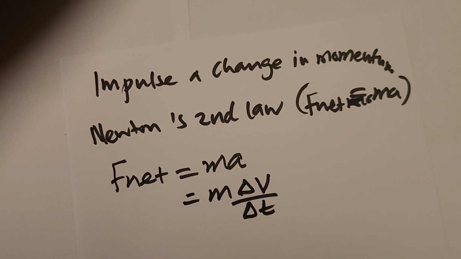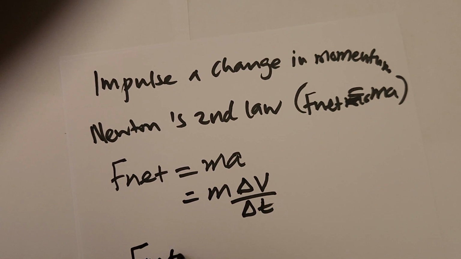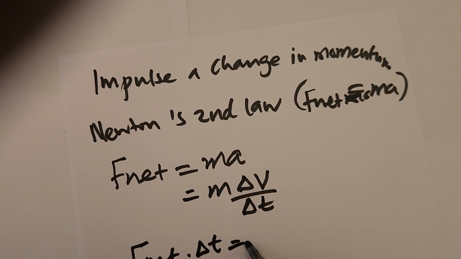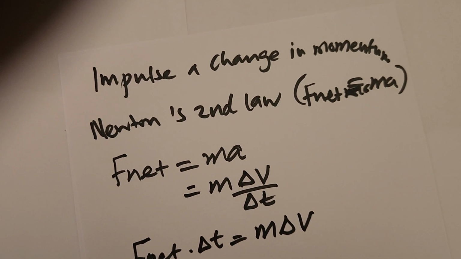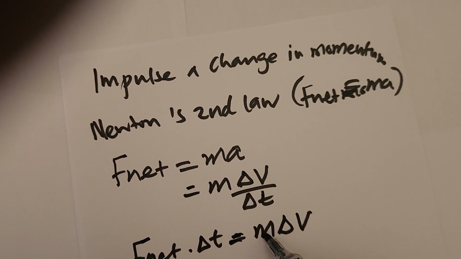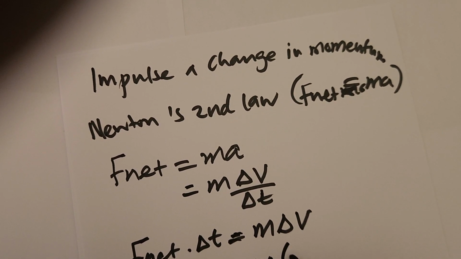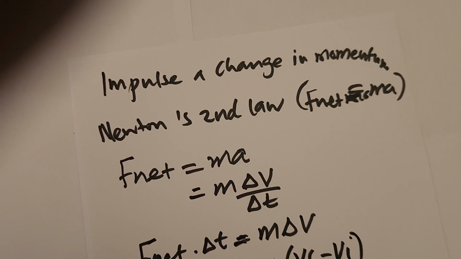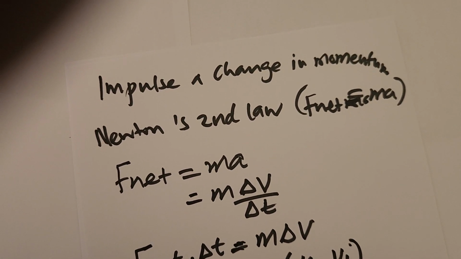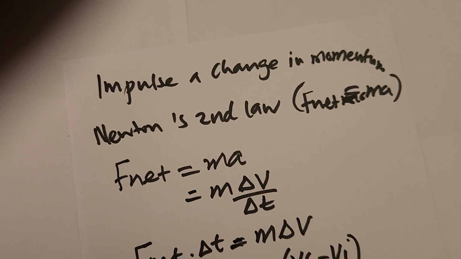Now, if we cross multiply, we'll end up with F net delta t equals m delta v. Remember, m delta v is the same as m into vf minus vi. If you remember, this represents the change in momentum.